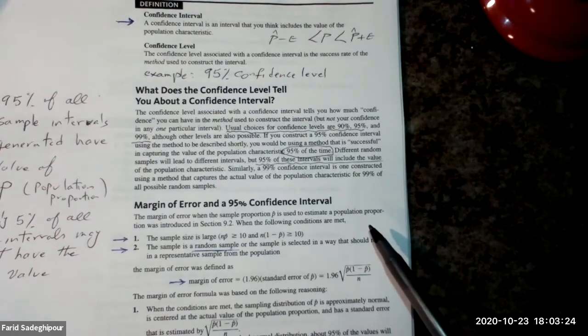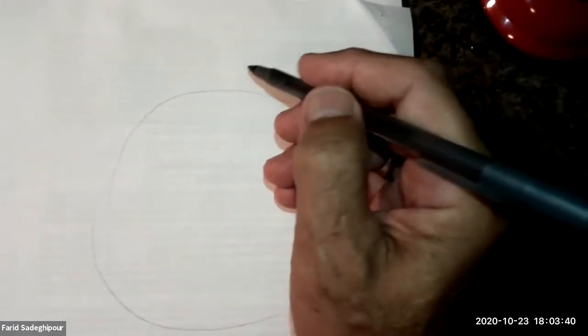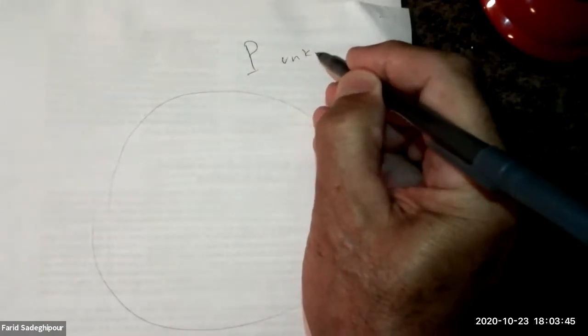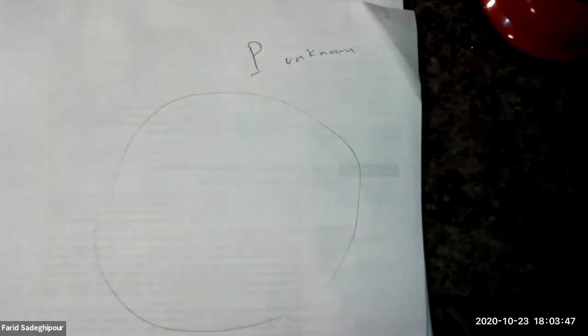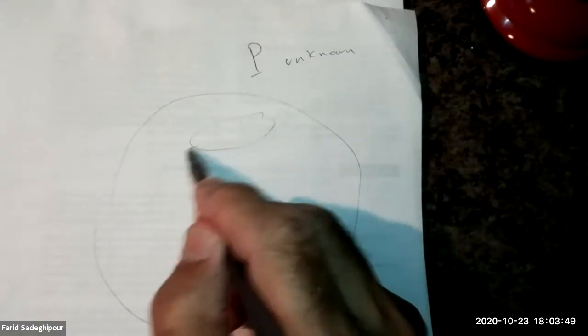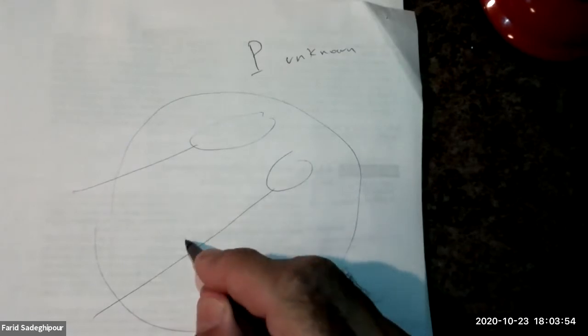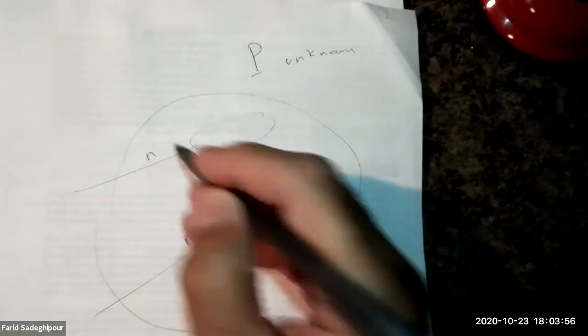What we mentioned earlier in 9.1 and 9.2 is that if we don't have the proportion of the population, let's say this is a large city and you want to find the proportion of the population here, capital P is unknown. So in that case, you take some samples from different places and you want to make sure that your samples all have equal numbers.